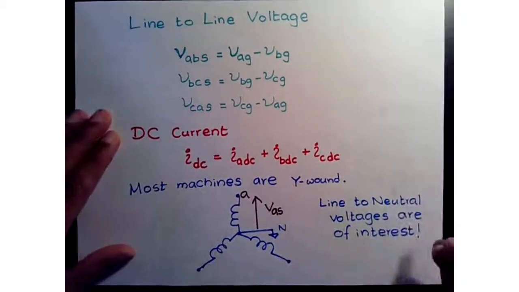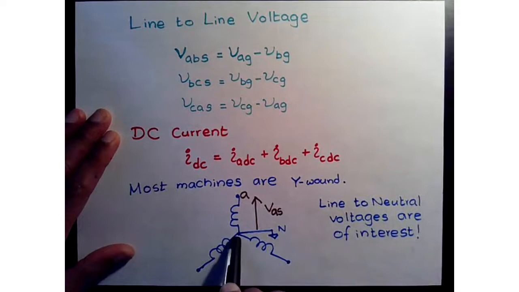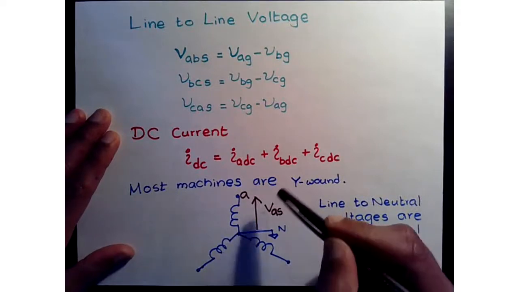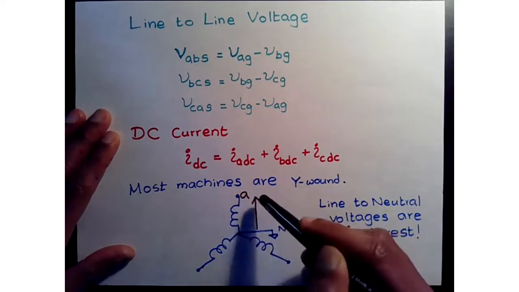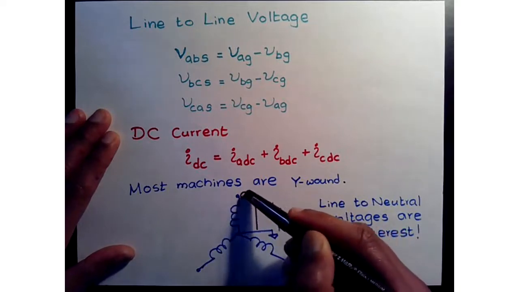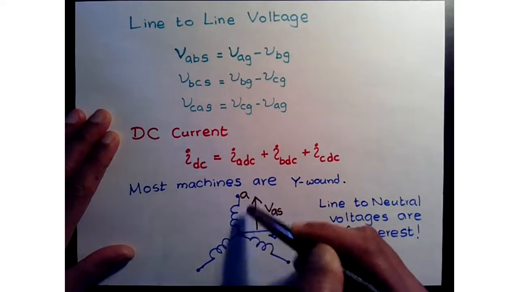Now, considering that most machines are Y-wound, those machines will have a neutral point. Now, the voltage that we typically consider as VAS is the voltage from that phase A to the neutral.